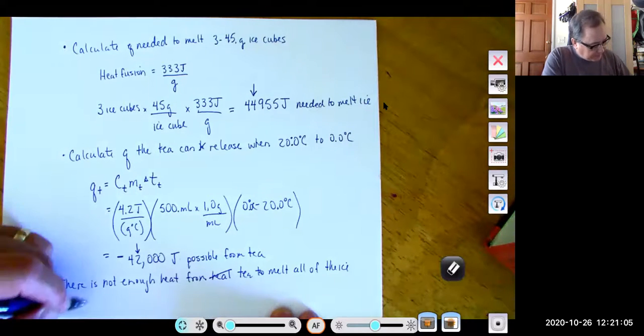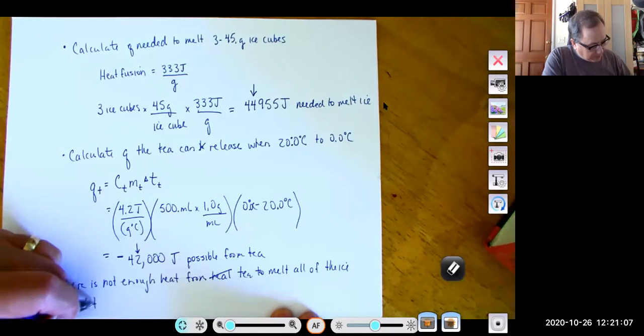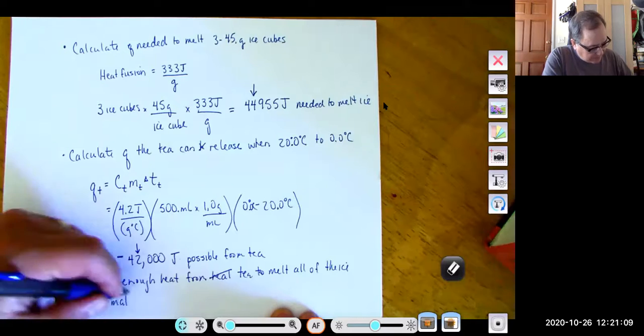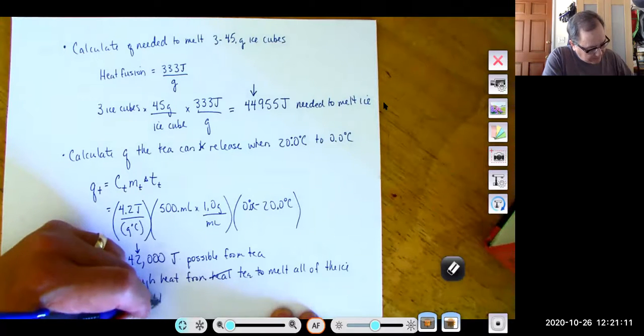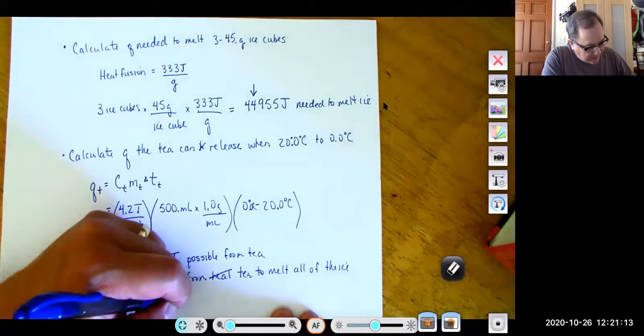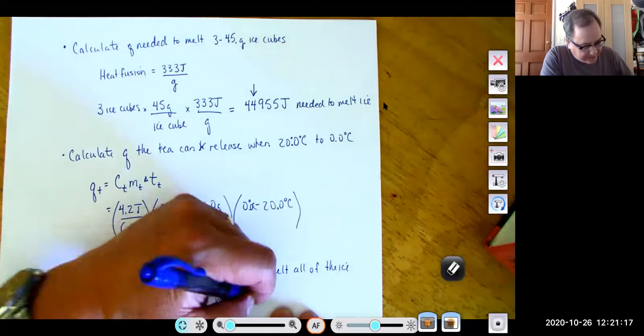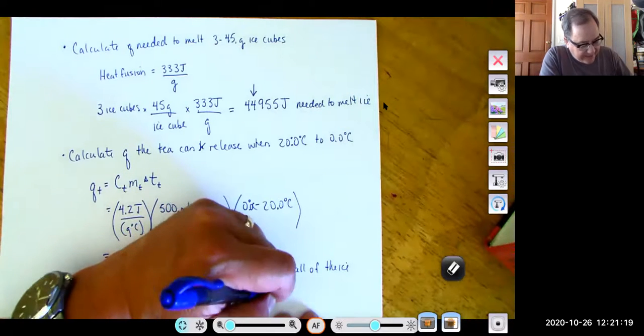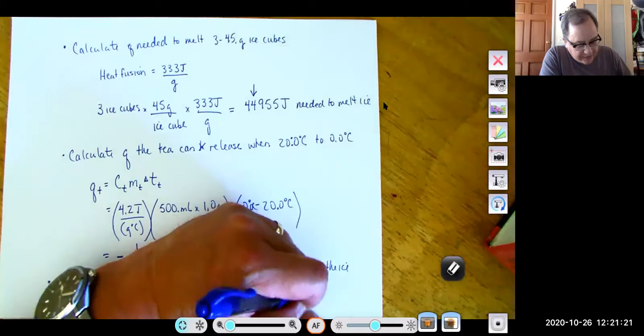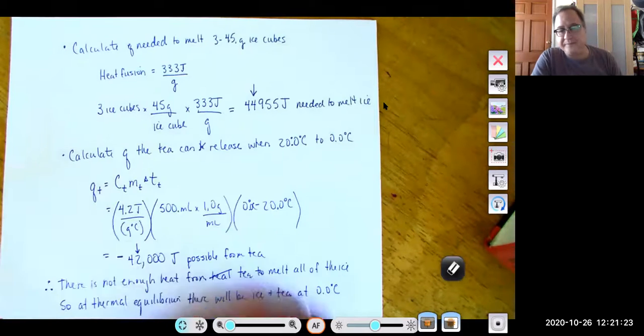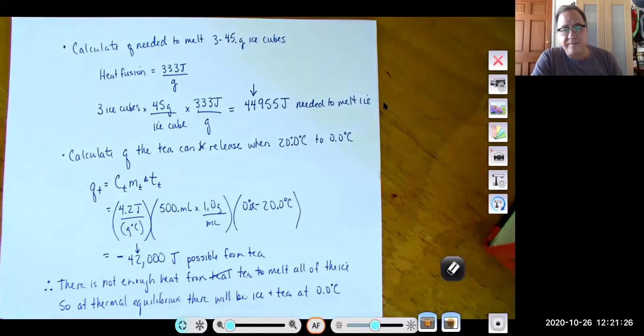So at thermal equilibrium, there will be ice and tea at 0 degrees Celsius. So what is the final temp?